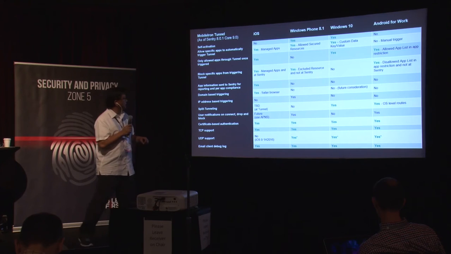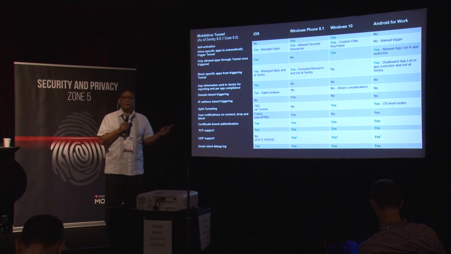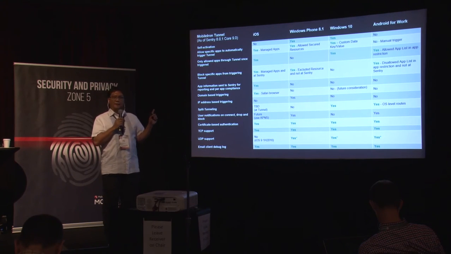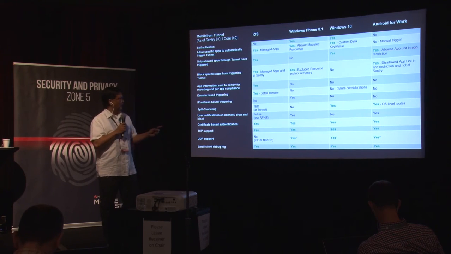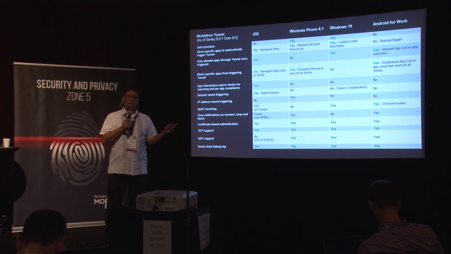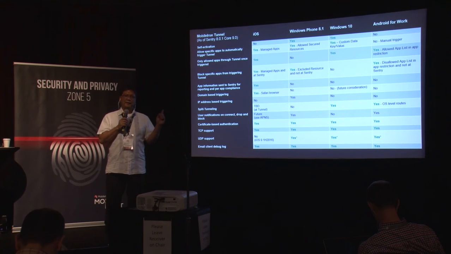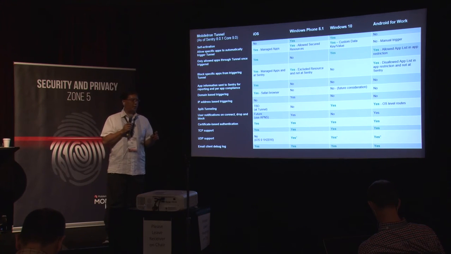Another consideration here is the actual triggering of that tunnel. For Windows Phone and Windows 10, it can be app triggered. For Windows Phone 8.1, it can also be IP address based triggered. But for Windows 10, it's not quite there yet. It's only app triggered at this particular point.